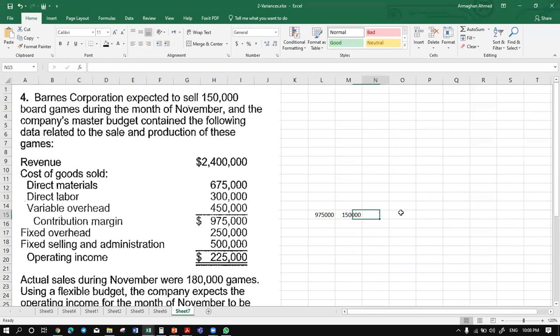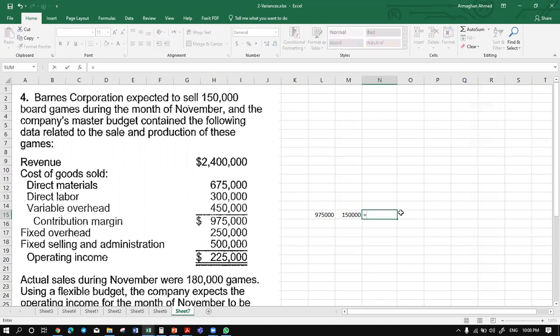So what will come then? The contribution is 1,170,000. 6.5 per unit, right? So the contribution margin per unit is coming 6.5.